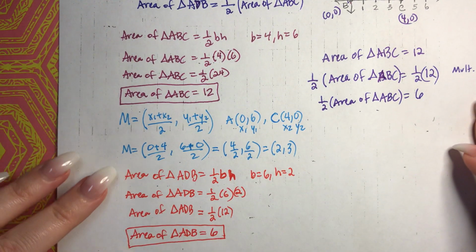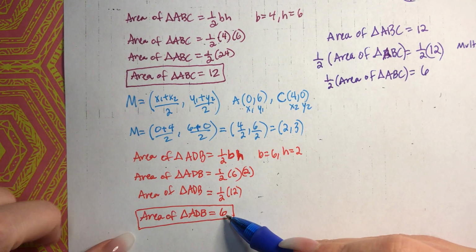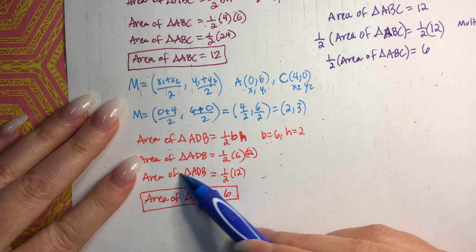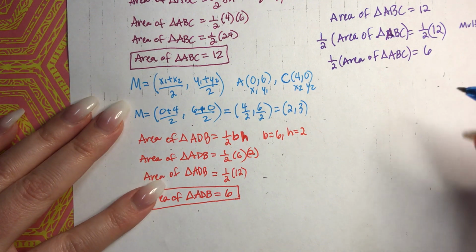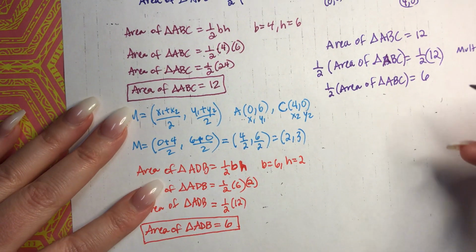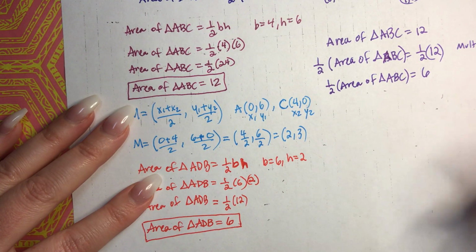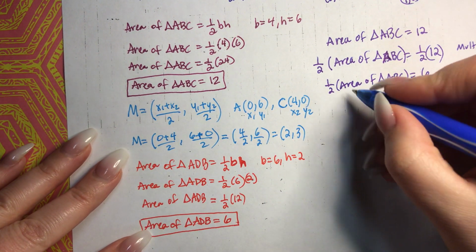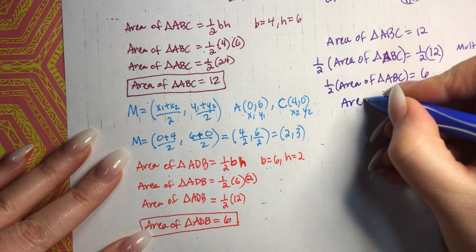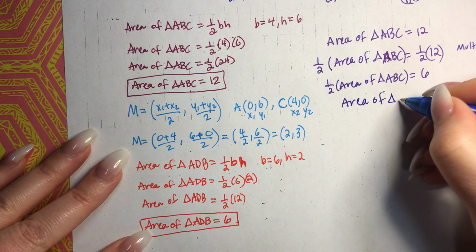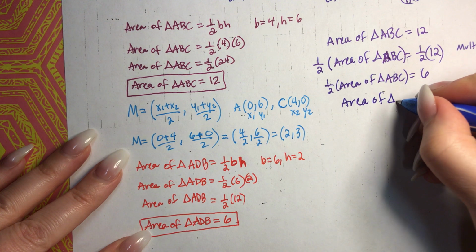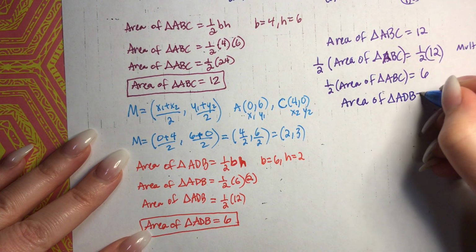But then guess what? What equals 6? The area of triangle ADB. So I'm going to write this: area of triangle ADB equals 6.